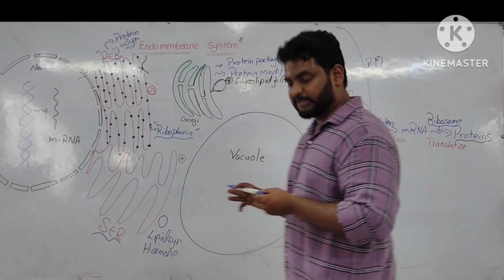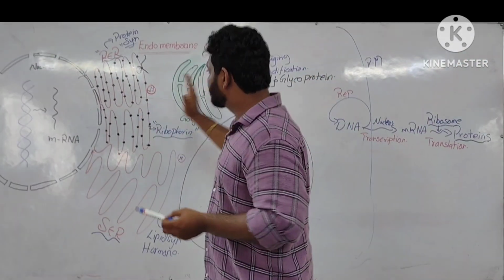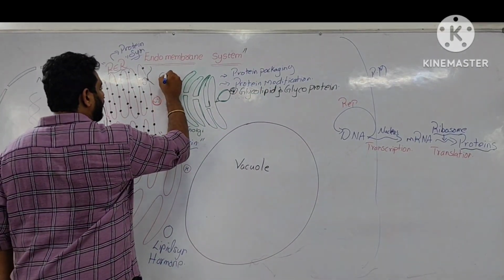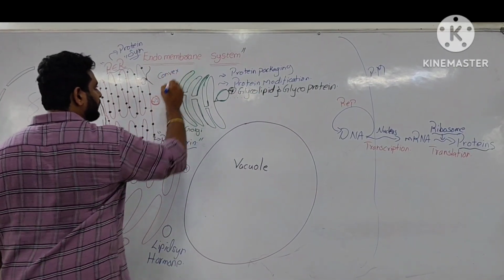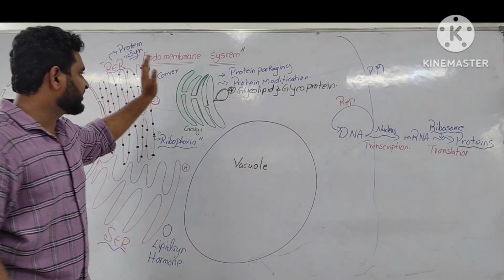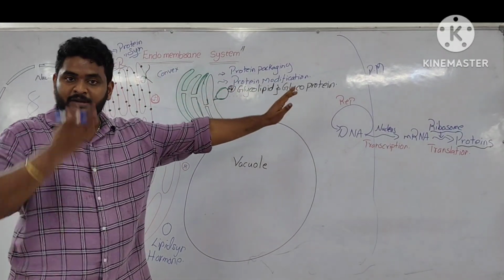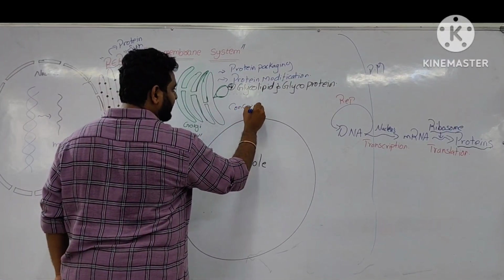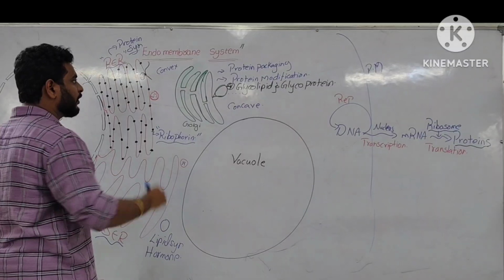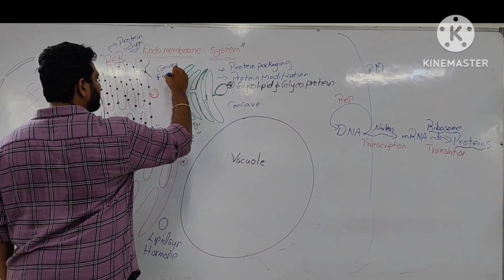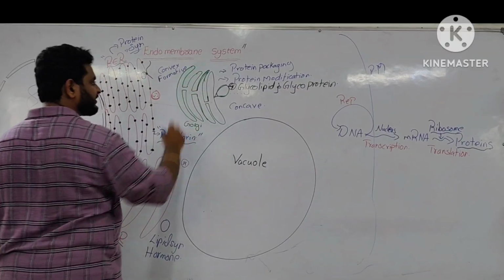Now, remember this. The side which is facing towards the nucleus is called the convex side. The side facing towards the plasma membrane is called the concave side. Convex side is also known as formative side or formative phase.